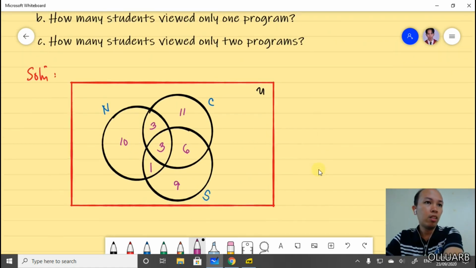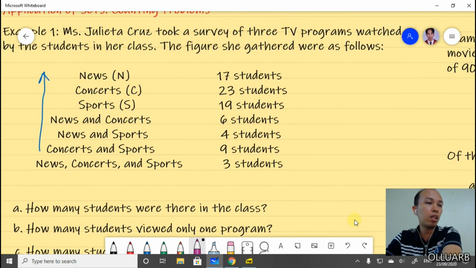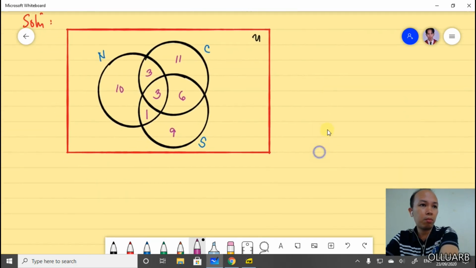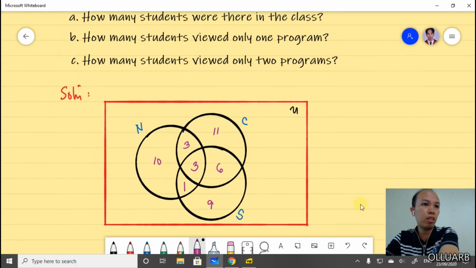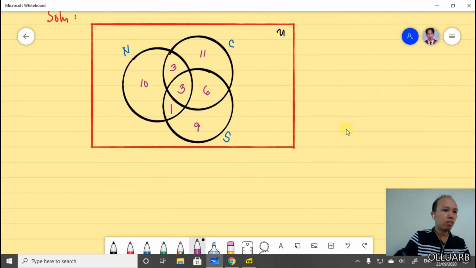Okay, but anyway, since if we read again the problem, we cannot see any number here in the class of Miss Julieta, then meaning to say these are the only students of Miss Julieta. So to answer letter A, you have to add, say green, all the numbers.